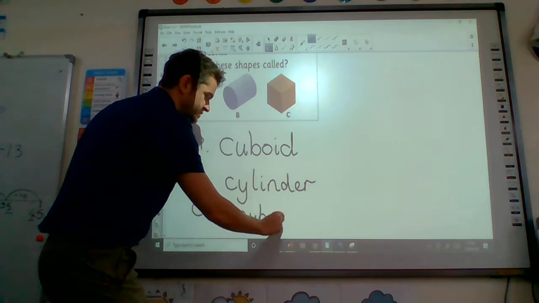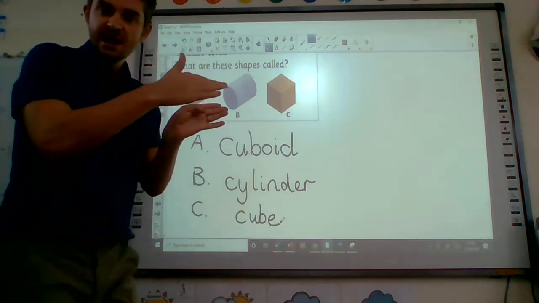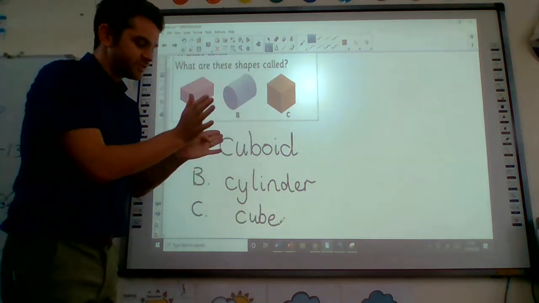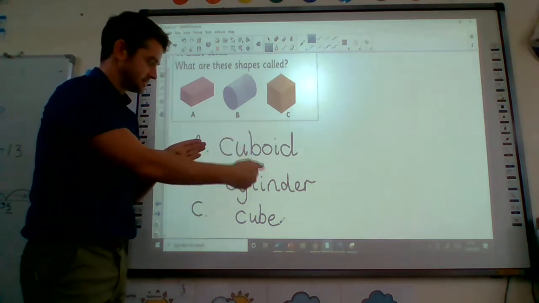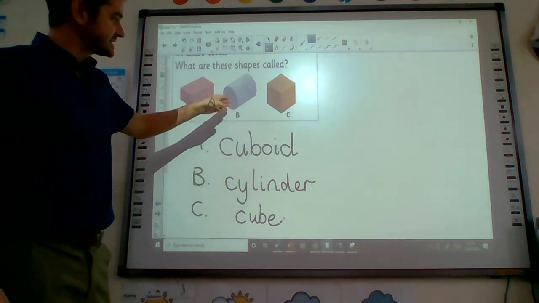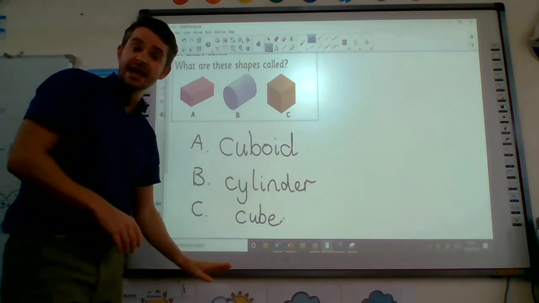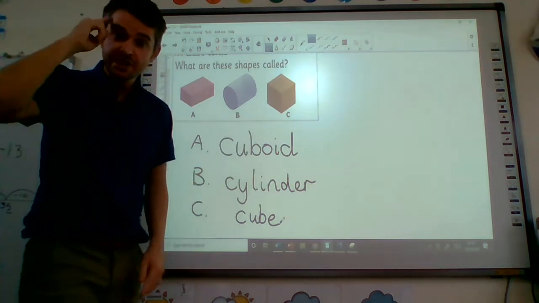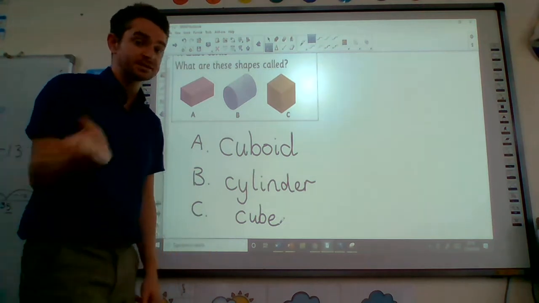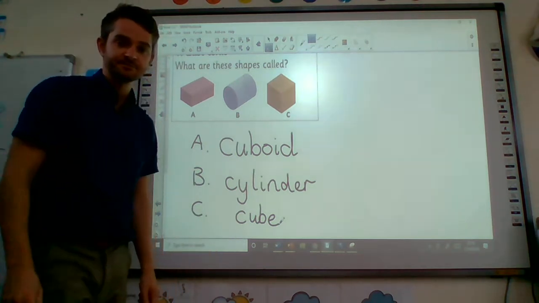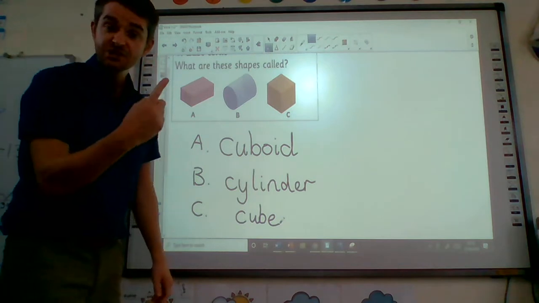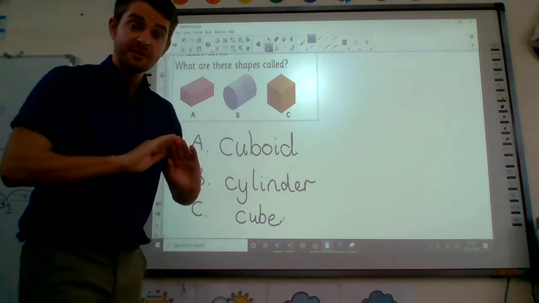I like cubes because all of the faces are exactly the same and all of the faces are squares. Cuboid, cylinder, cube. If you didn't know that before today, now you do, so try to remember it, because you never know when it's going to come up on another Quizzy Monday. That's section one done. That's last term finished.